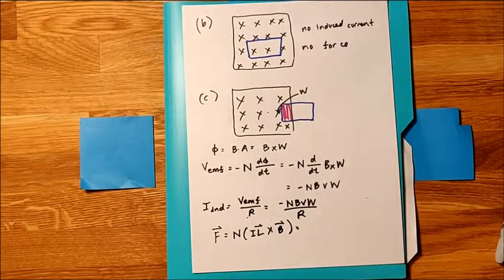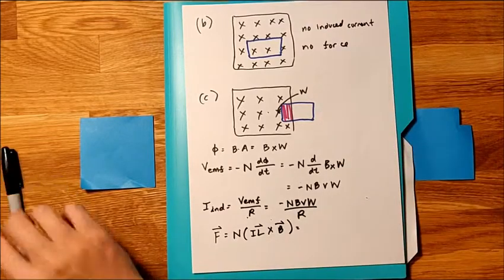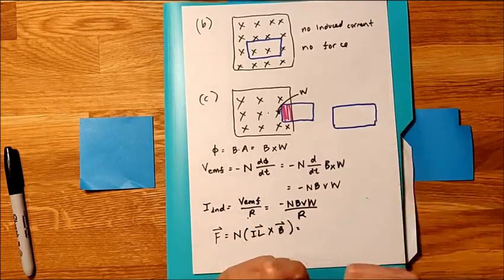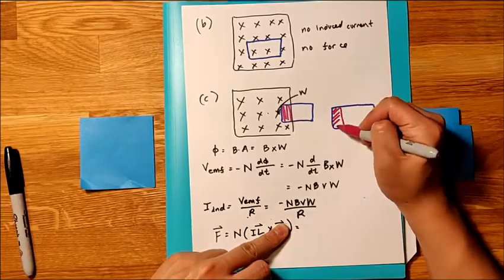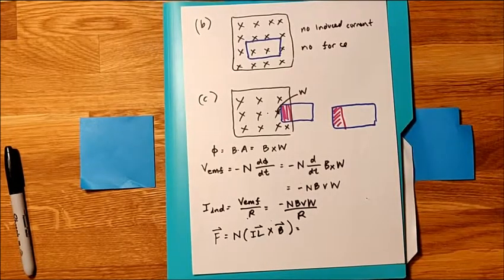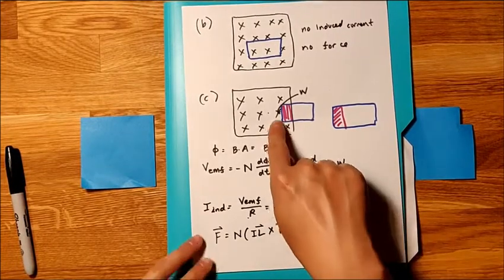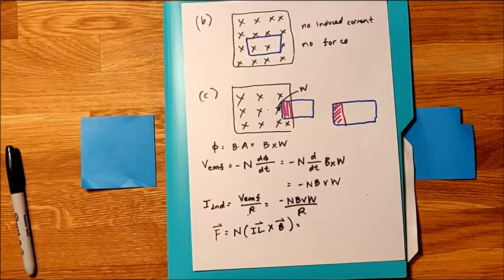In this case, now let's just figure out the direction of the induced current. So I'm just going to draw the same rectangular coil out here so we get a better idea what's going on. And we're looking at this section specifically. So what's going to happen is we're going to have an induced B field that is going in the same direction as the original B field to compensate the loss in flux.